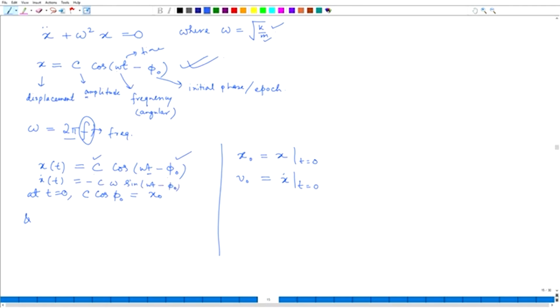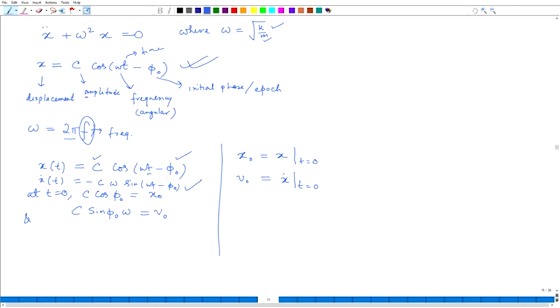Evaluating this at t equal to 0, you get sine of minus phi 0, which is minus sin phi 0, and with the minus sign here it gives c sin phi 0 times omega, which is x dot at t equal to 0, so this is equal to v 0.